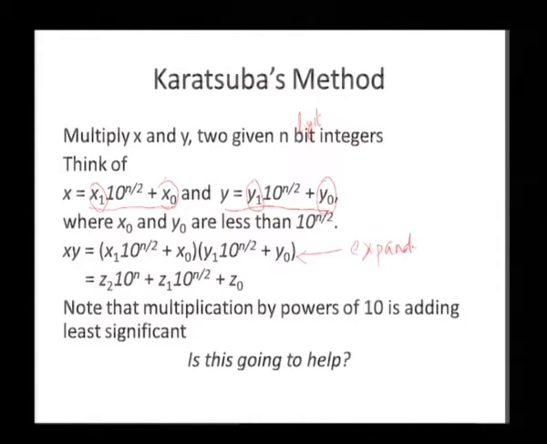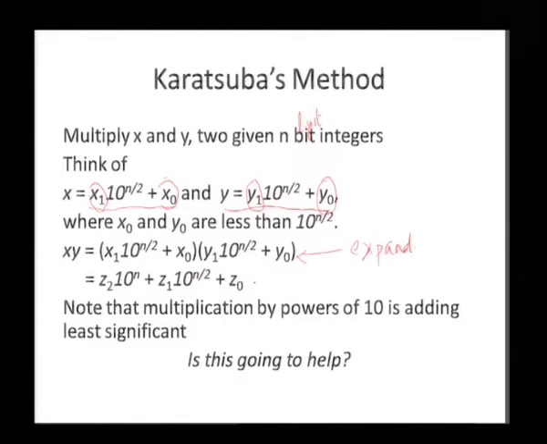When you try to expand this term out, let us assume that the coefficients that one gets are z2 multiplied by 10 power n, that is the product of x1 and y1 is written down as z2. Then there is a term where the exponent is 10 to the power of n by 2, this is the product of x1 into y0 plus x0 into y1, and then there is a product of x0 and y0 which we have written as z0.